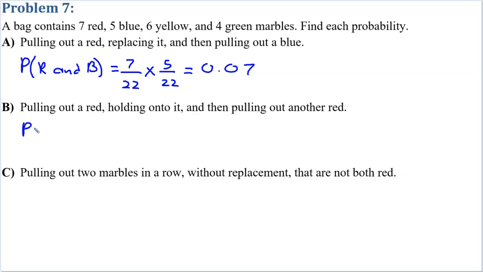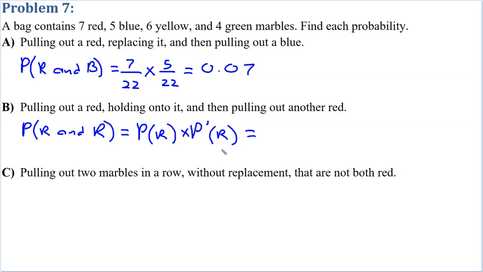So we could write this as P of R and R. And since these events are not independent, the way I'm going to write this, I'm going to say it's the probability of getting a red, okay, times the probability prime, we'll say P prime, of getting a red. In other words, we have to adjust this second probability based on what we get for the first one.